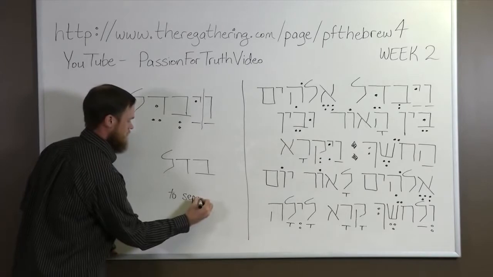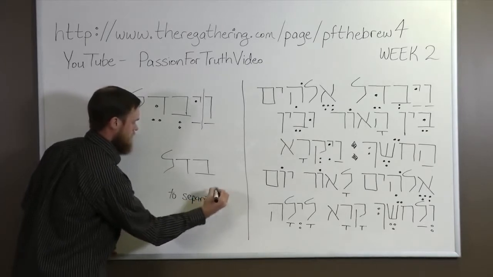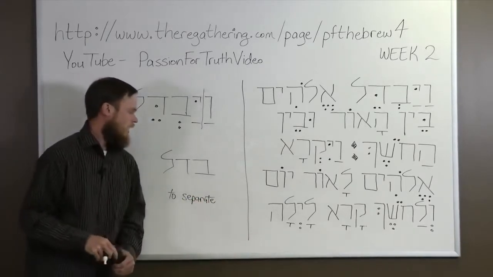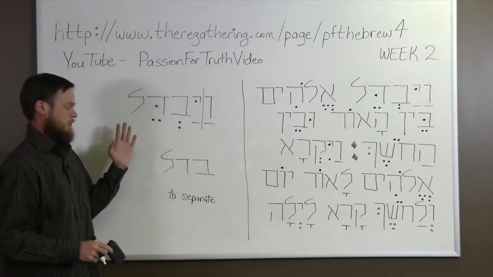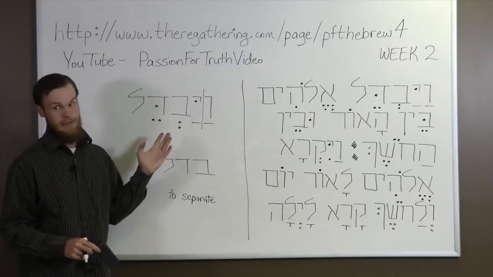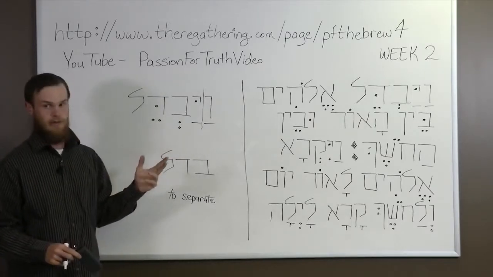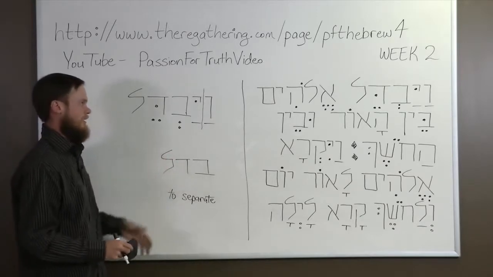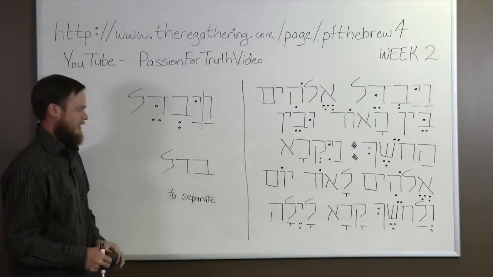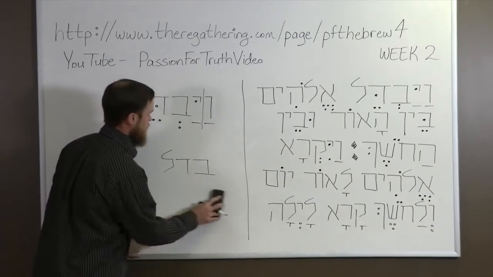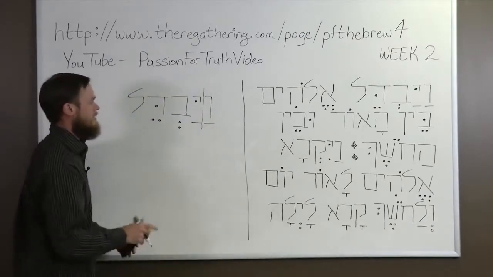So we've got the third person masculine singular, which indicates he, and past tense, so he separated.